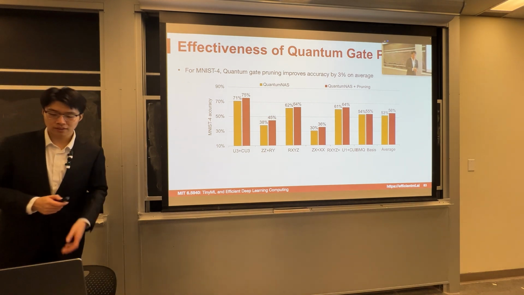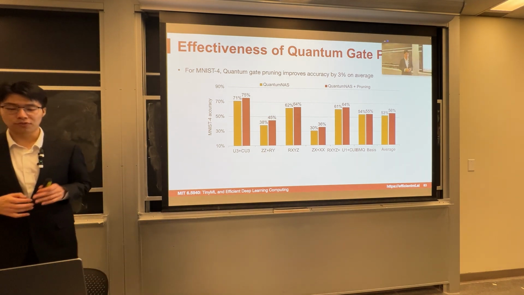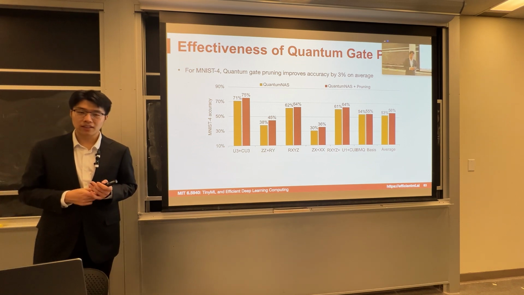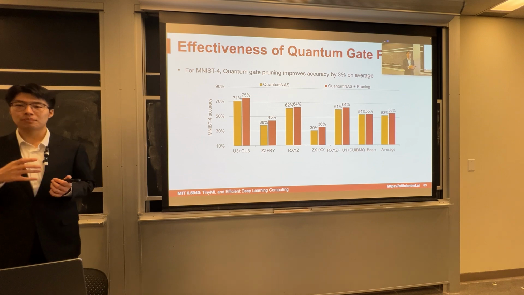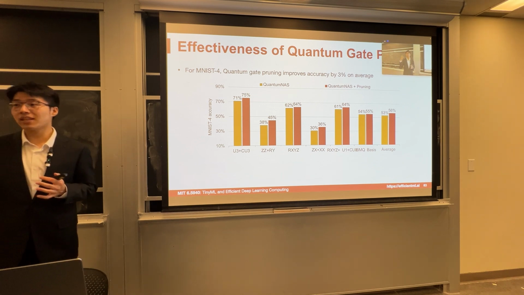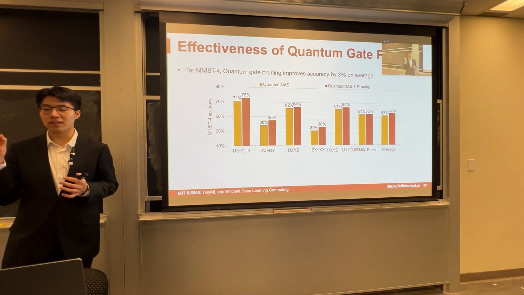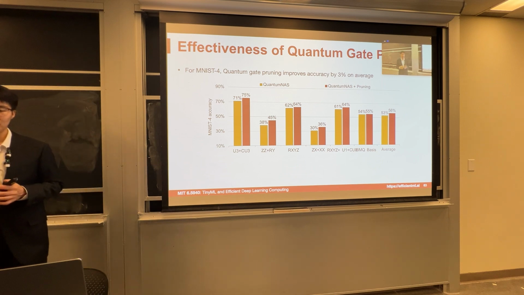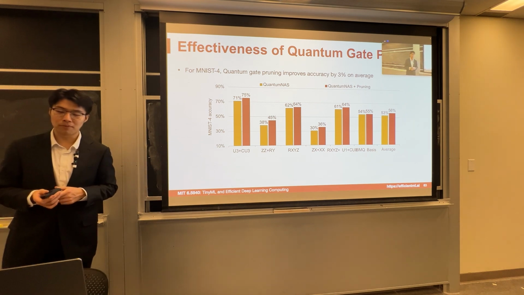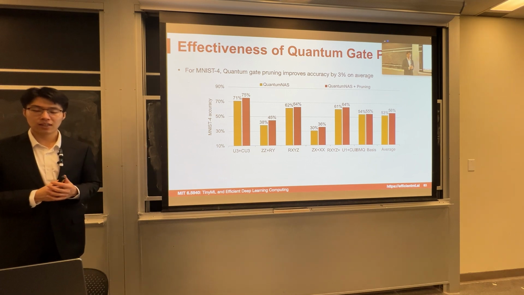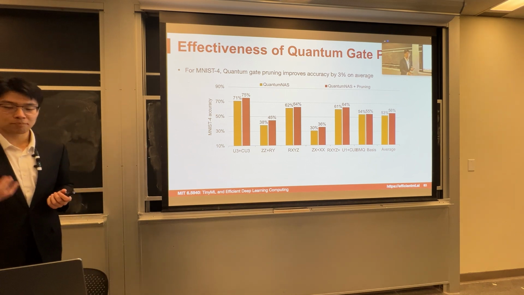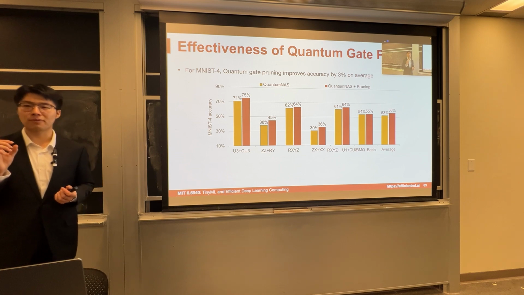Another interesting aspect is that for classical pruning, we don't expect that after pruning the network, the performance will be the same or a little bit lower than the previous performance, because pruning will reduce the capacity. But on the quantum side, gate pruning can not only preserve performance but also increase performance by a little bit.